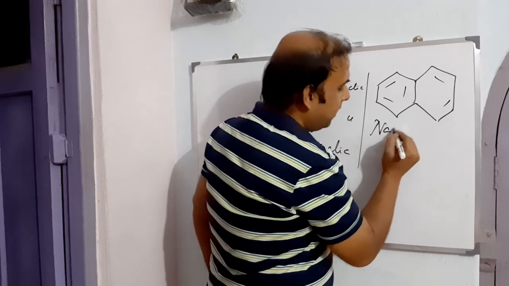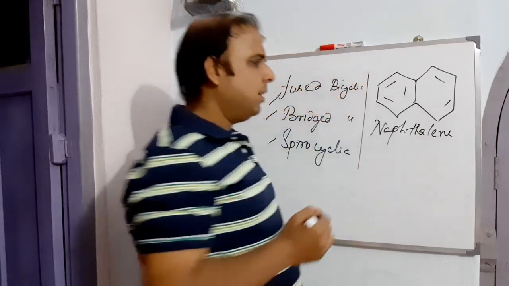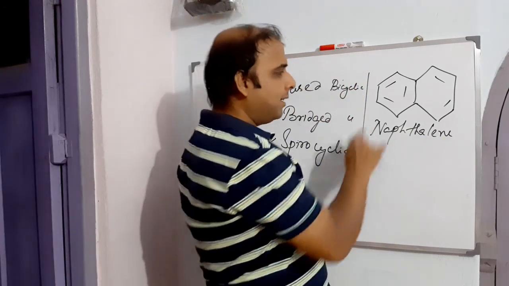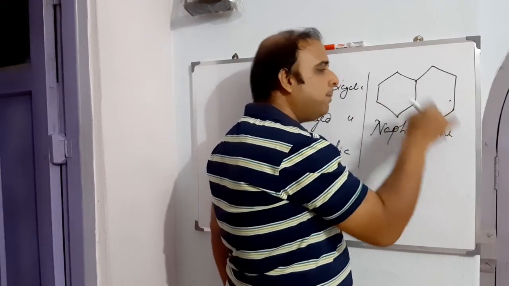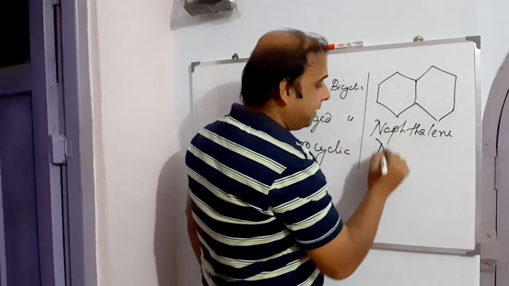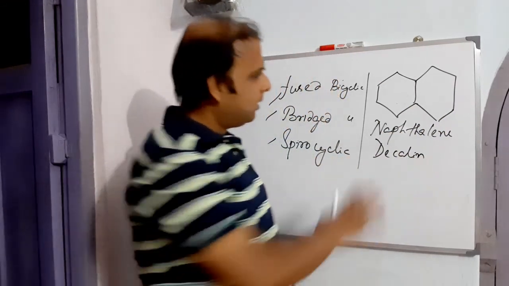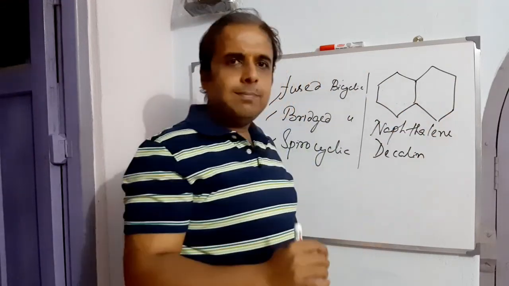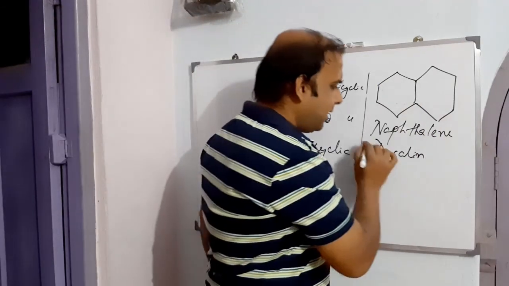And we know from the chemistry of naphthalene that if we keep saturating each and every pi bond of naphthalene, it will become decalin. Decalin is nothing but naphthalene with all the hydro terms added, in other words, decalin.